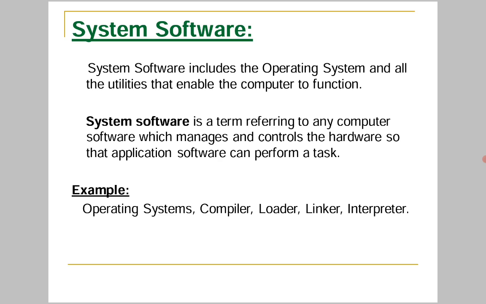So what is system software? System software is a term referring to any computer software which manages and controls the hardware so that application software can perform a task.